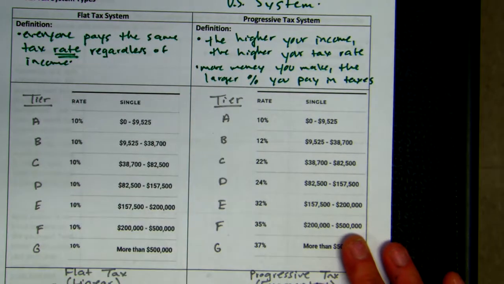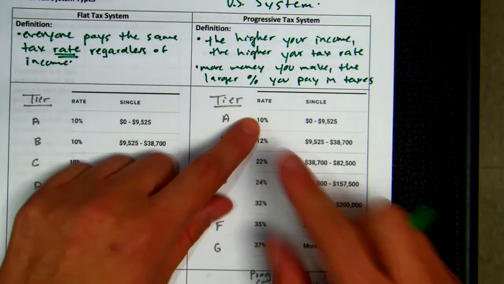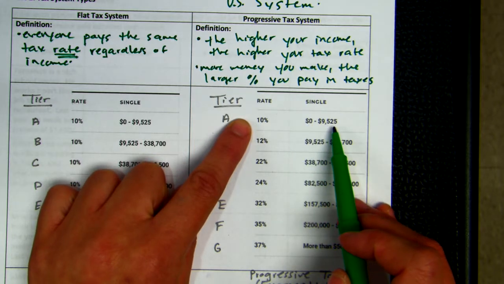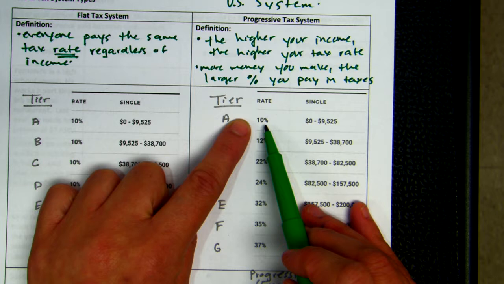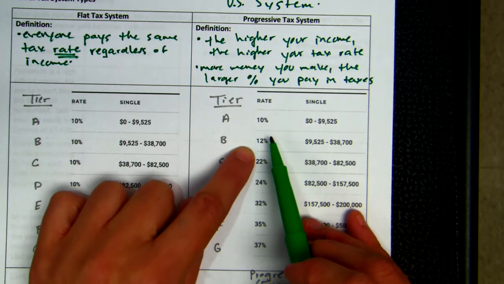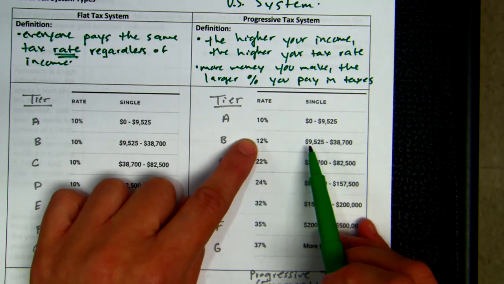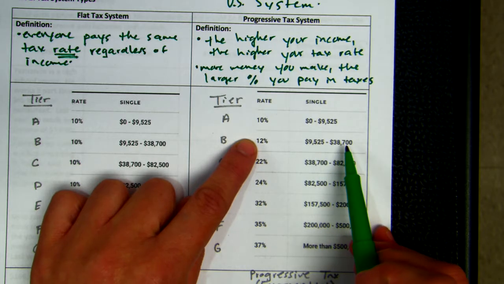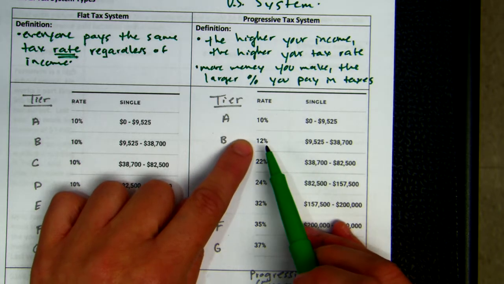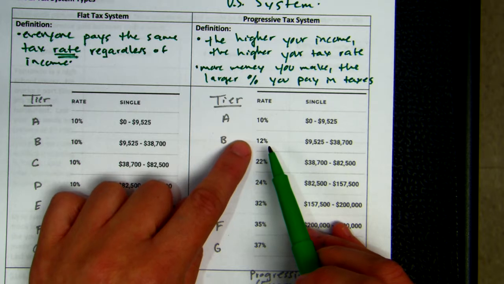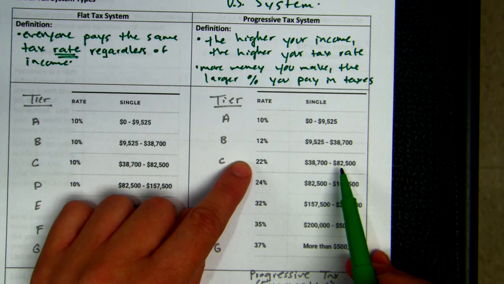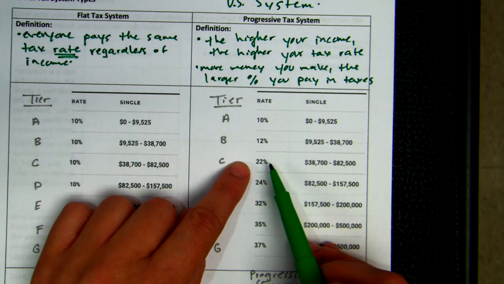For example here, if I'm making between $0 and $9,525, my tax rate is 10%. If I make a little bit more money, between $9,525 and $38,700, my tax rate went up to 12%. If I make between $38,700 and $82,500, my tax rate goes up again to 22%.